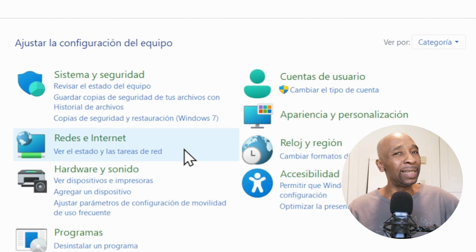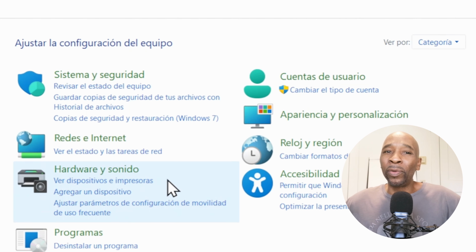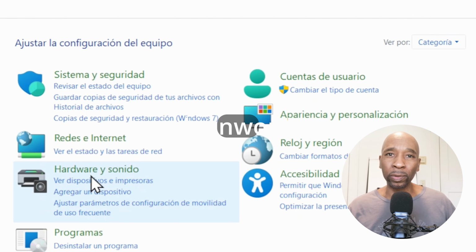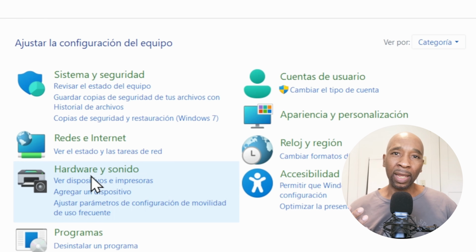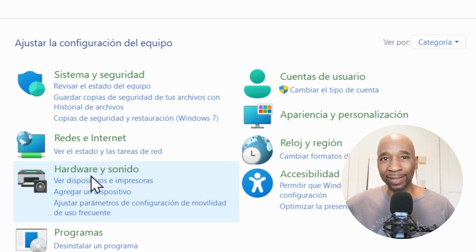Okay? Not always. Now, the reason why is because hardware, that's a borrowed word that Spanish uses. And again, with universal words like that, it usually stays consistent with the same pronunciation. So hardware in English, hardware in Spanish. Okay? So in this case, the H is not silent.